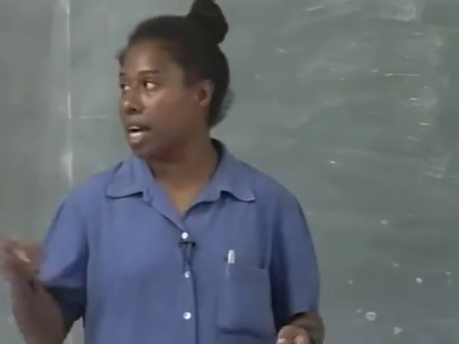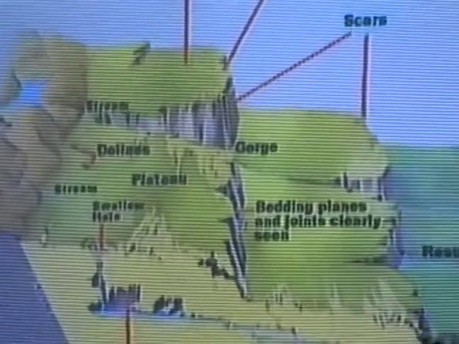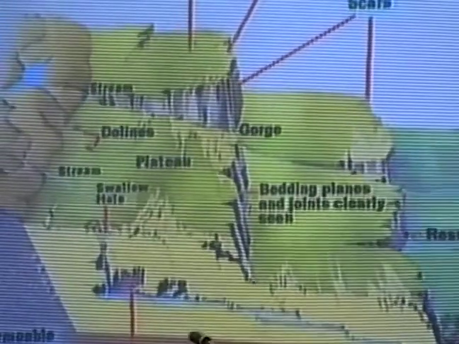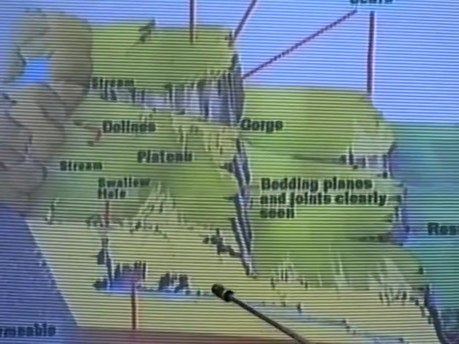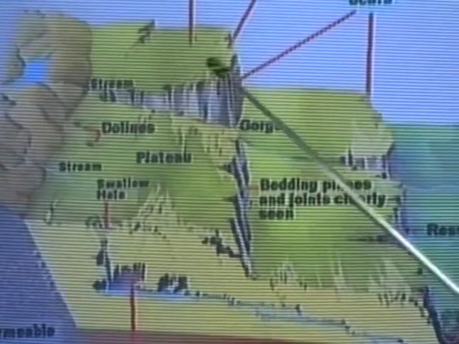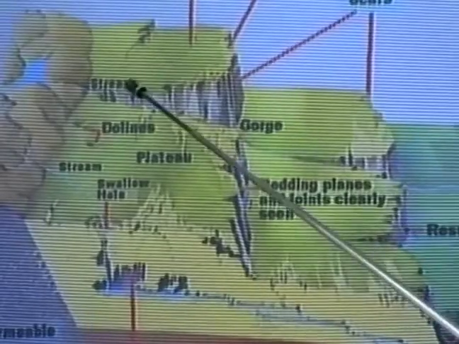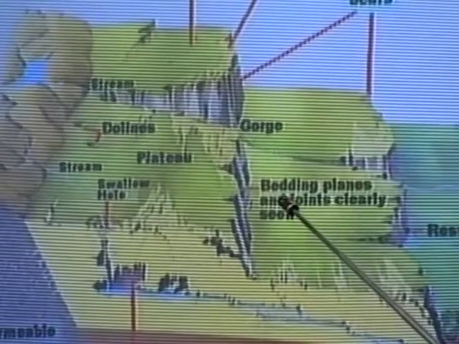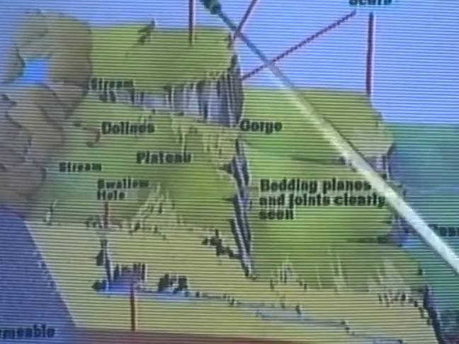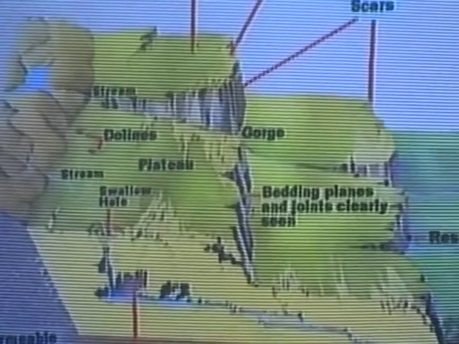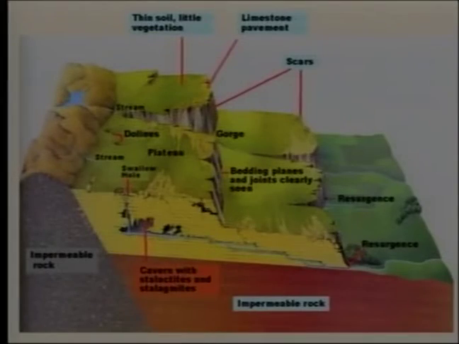If rainwater comes in contact with the rocks and they dissolve, then obviously there will be very little soil left on the surface. And if there is very little soil, vegetation is going to be little. That is another characteristic of a karst scenery. One, absence of surface runoff. Two, very thin soils, therefore little vegetation.